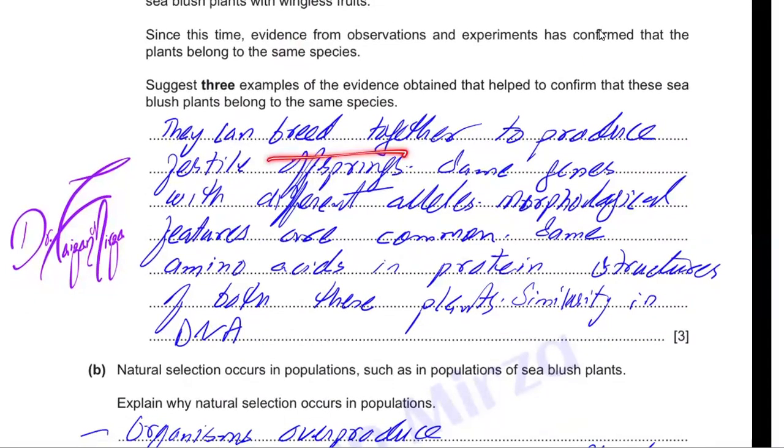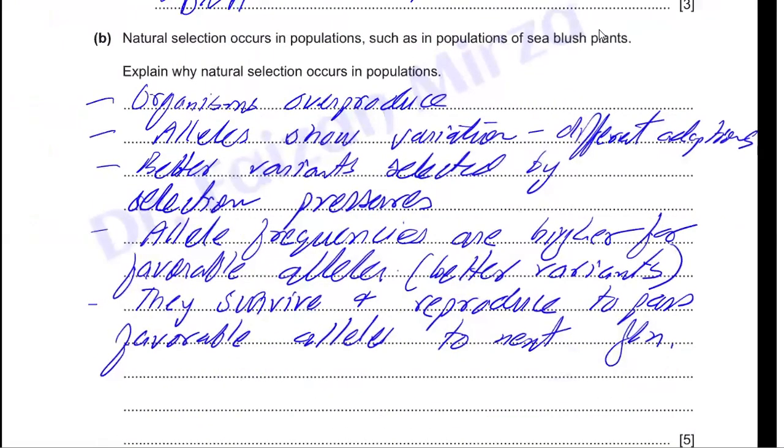Because they both can breed together. Whenever two organisms can breed together to produce fertile offspring, they are considered the same species. So they have the same number of genes, they have the same alleles, different alleles might be there. Morphological features are common. Amino acid and protein structures in both of these plants can be compared. Similarity in DNA can be compared using bioinformatics.